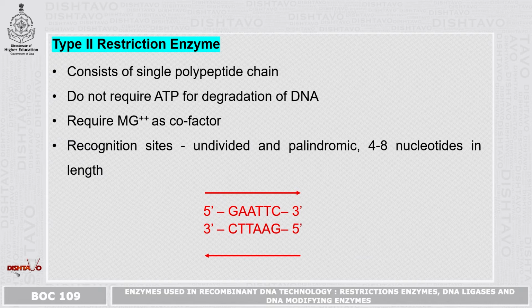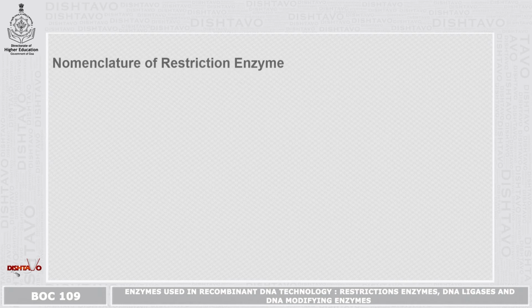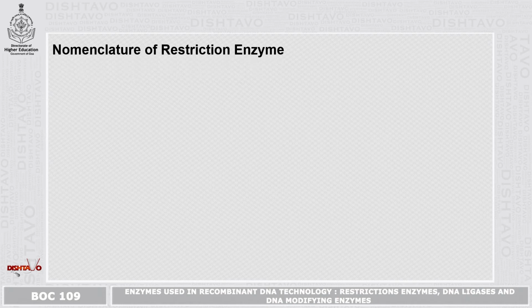These complementary sequences are called palindrome sequences. Therefore, when read from 5' to 3' on both the strands, they have the same sequence. Here it is GAATTC. Now let us study about the nomenclature of restriction enzymes.